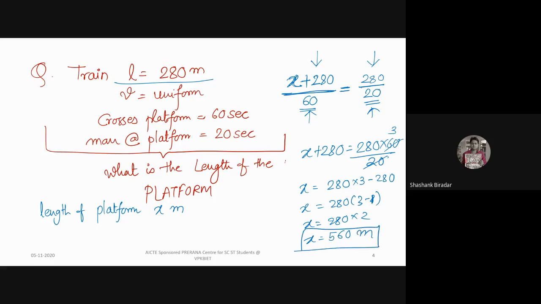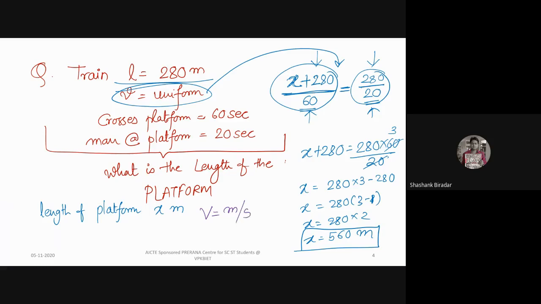So what is important here? To equate those two equations, this factor is important. The train is traveling with uniform speed. The formula for speed is distance upon time. What is the unit of velocity? Meters per second.